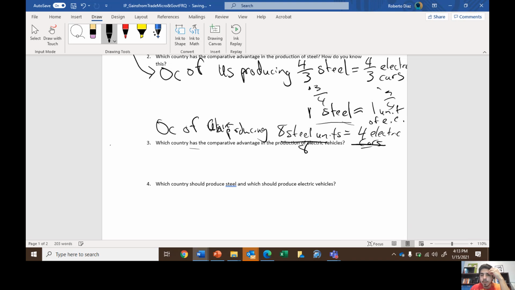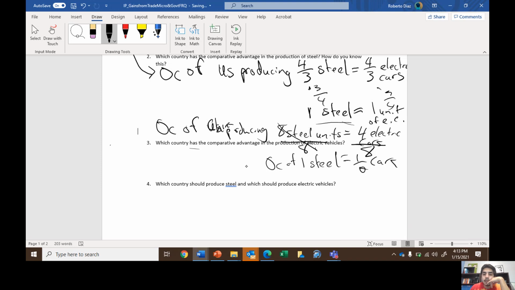Divide by 8, because again, we want to find the per unit opportunity cost of China producing steel, and we find that for each unit of steel, China gives up half a car.